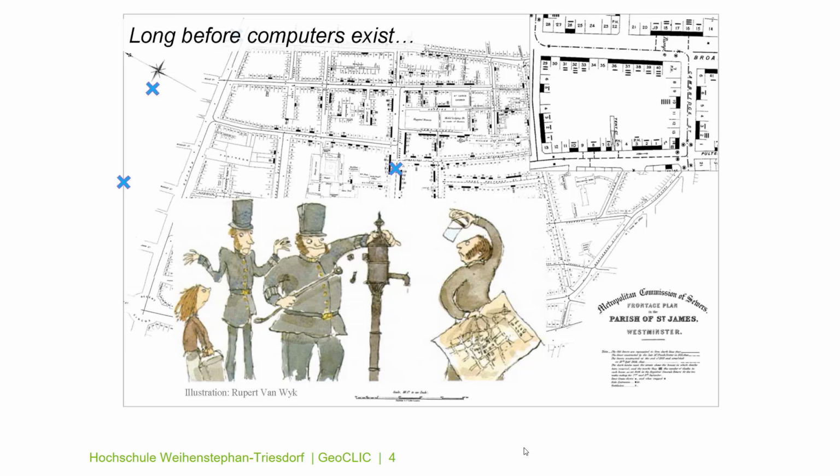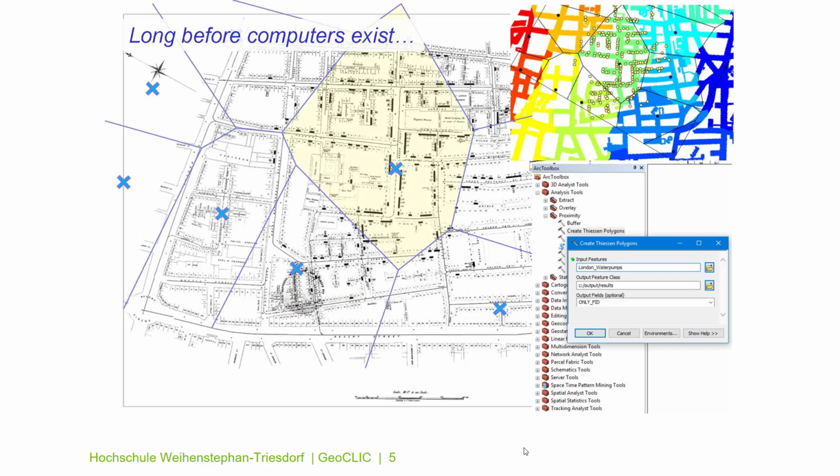At this time, people didn't know that cholera was caused through dirty water, but he now could follow it back to this well. And you could do the same with a computer system with GIS. Here we have an example, but in some sense that was already a geospatial analysis.